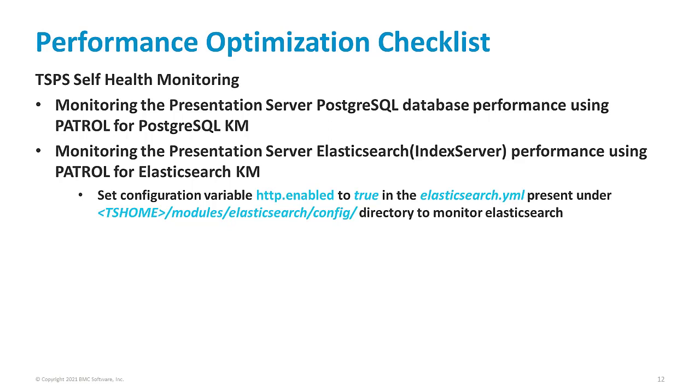Please note, to monitor the Elasticsearch database, you need to configure Elasticsearch to listen on port 9200 by setting the configuration variable http.enabled to true in the elasticsearch.yml file, which is present under the TrueSight Home Modules Elasticsearch config directory. With this monitoring, you can monitor the overall health of Elasticsearch.